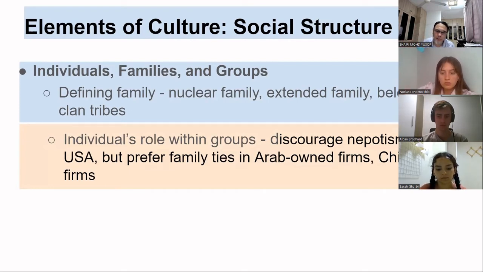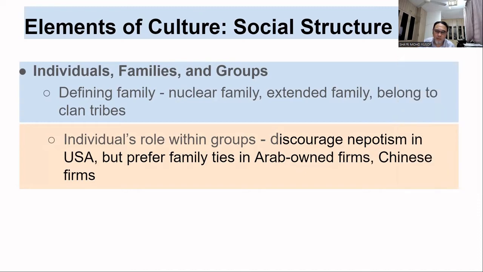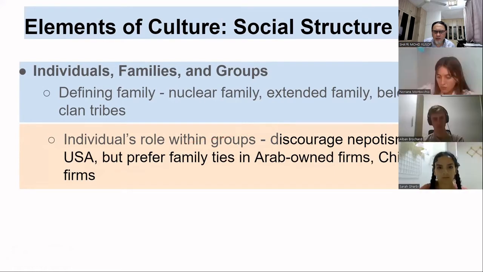For example, let's talk a little bit about discouraging nepotism in the USA. In the US, if a family member wants to join a company in which there are also other family members, or which is owned by their father, they tend to discourage nepotism.